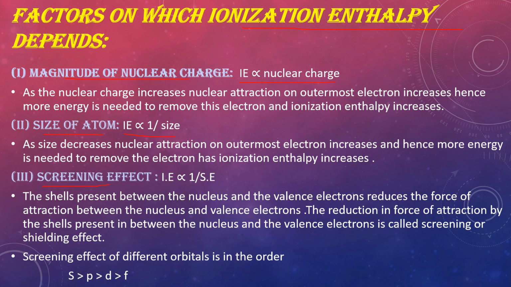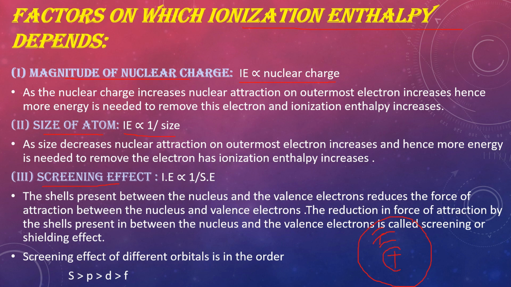Now the third thing is screening effect. First you should know what is screening effect. This is the nucleus of the atom, and suppose this is the outermost shell. Between the outermost shell and the nucleus there are different shells present inside the valence shell, or you can say between the valence shell and the nucleus.